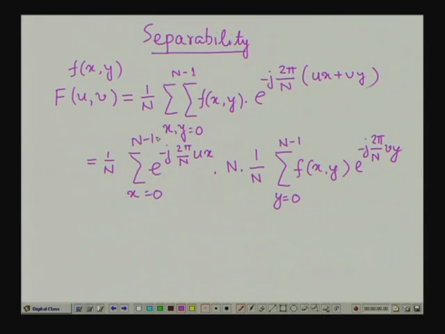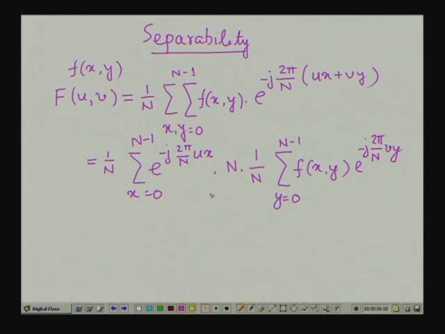Here we have seen that the inner summation gives the Fourier transformation of different rows of the input image f x y, and the outer summation gives the Fourier transformation of different columns of the intermediate result that we have obtained.